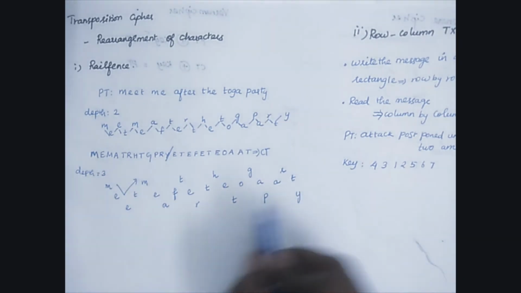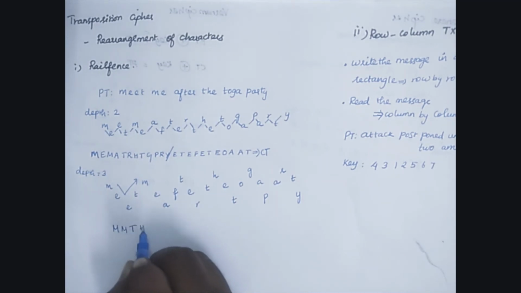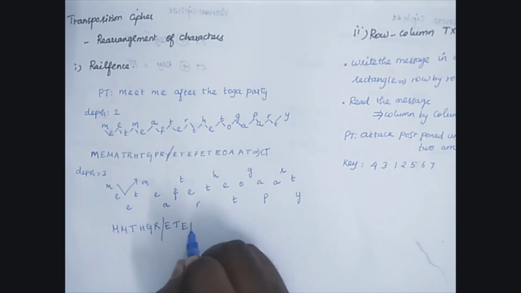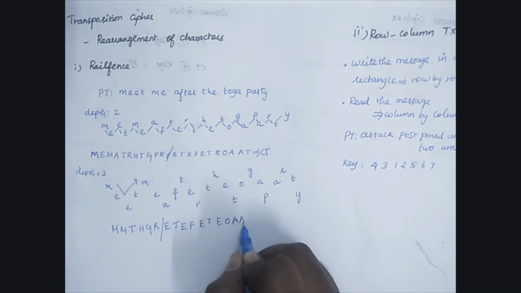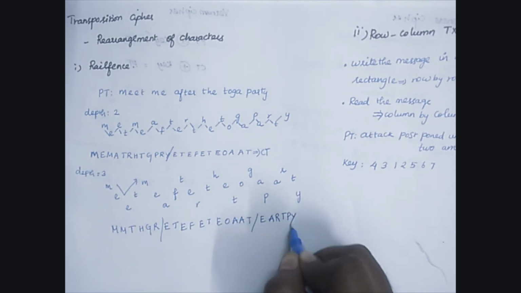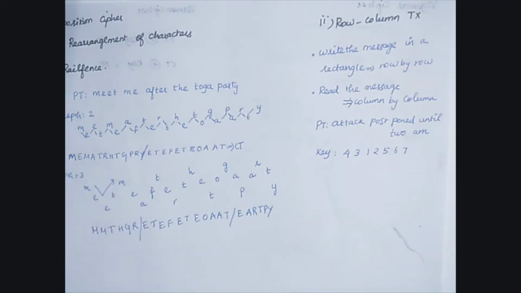Okay. Then read the characters in the first row: TMTGR, and for the second row ETEFETEOAAT, and the third row EAR TPY. Okay. Then the second example is row column transposition.